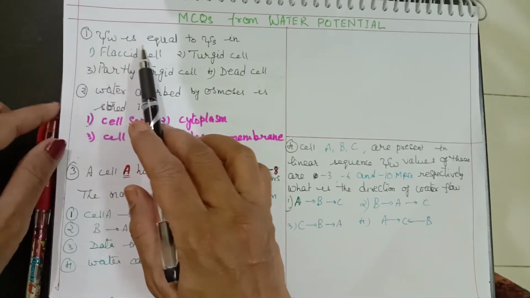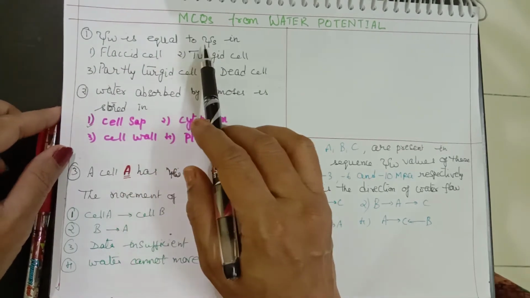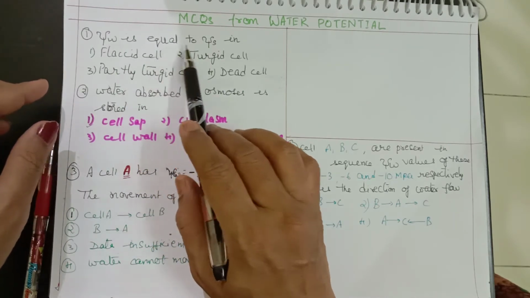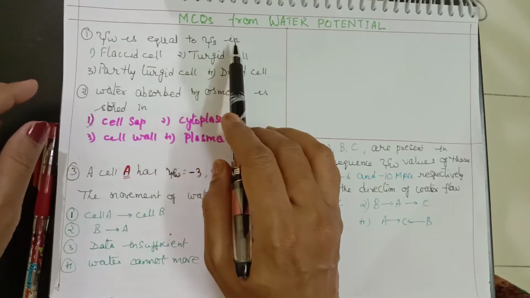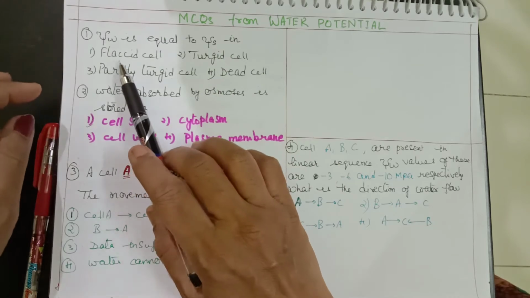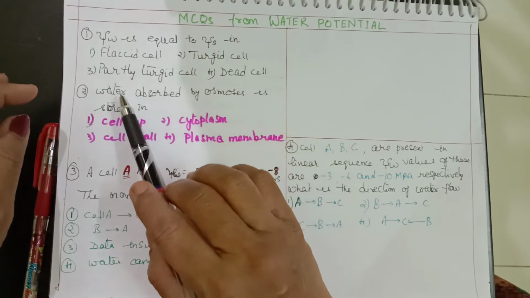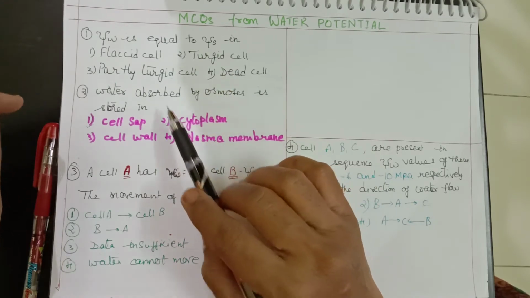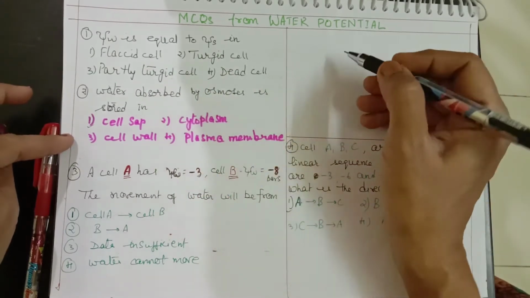Water potential is equal to solute potential. In which condition can we say water potential is equal to solute potential? The options given are flaccid cell, turgid cell, partly turgid cell and a dead cell. These two can become equal.